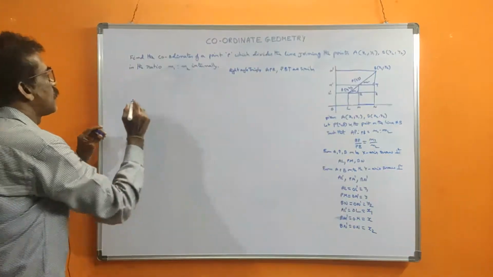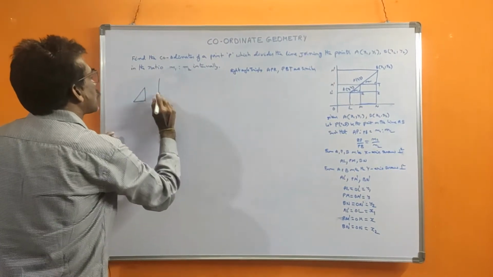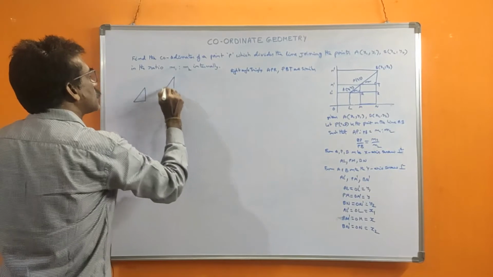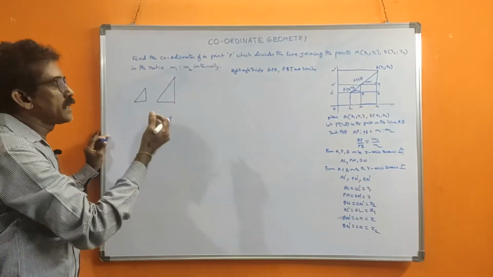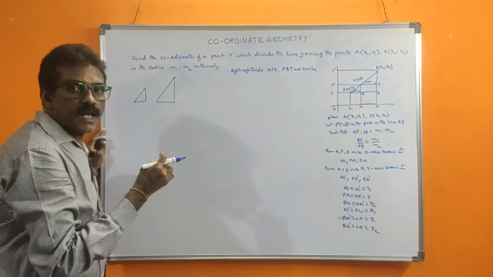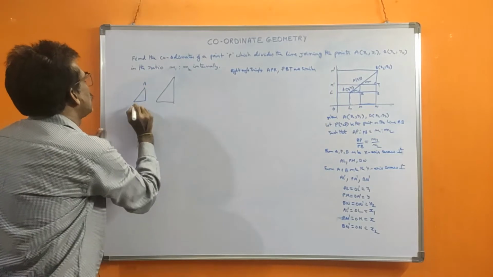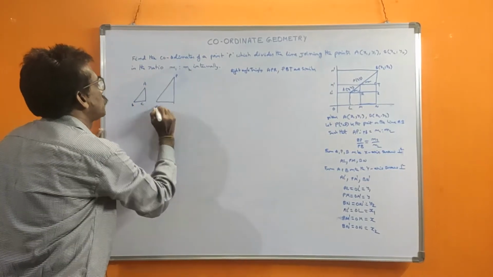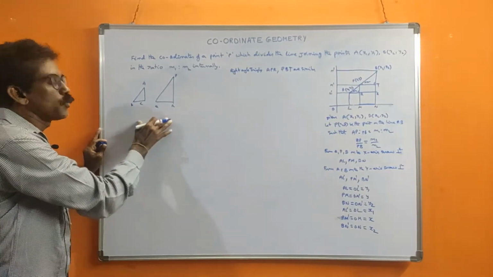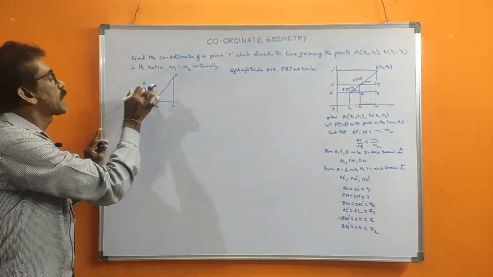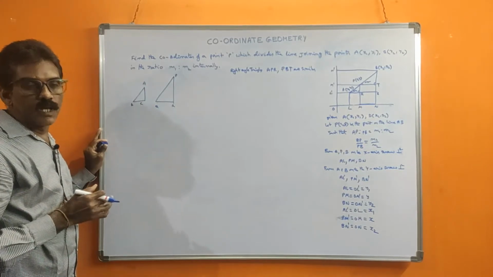Similar triangles have some property. Because these are right angles, I am also drawing a right angle. Suppose these two are not the same size: similar triangles are different from identical, congruent triangles. So suppose this is ABC and this is PQR. If these two are similar, then what is the condition? If two triangles are similar, their corresponding sides' ratios are equal.